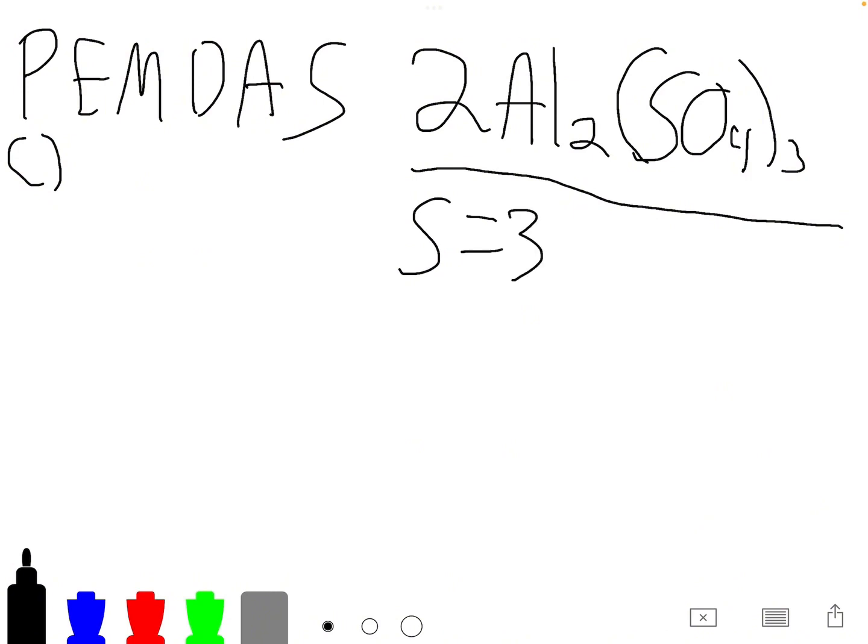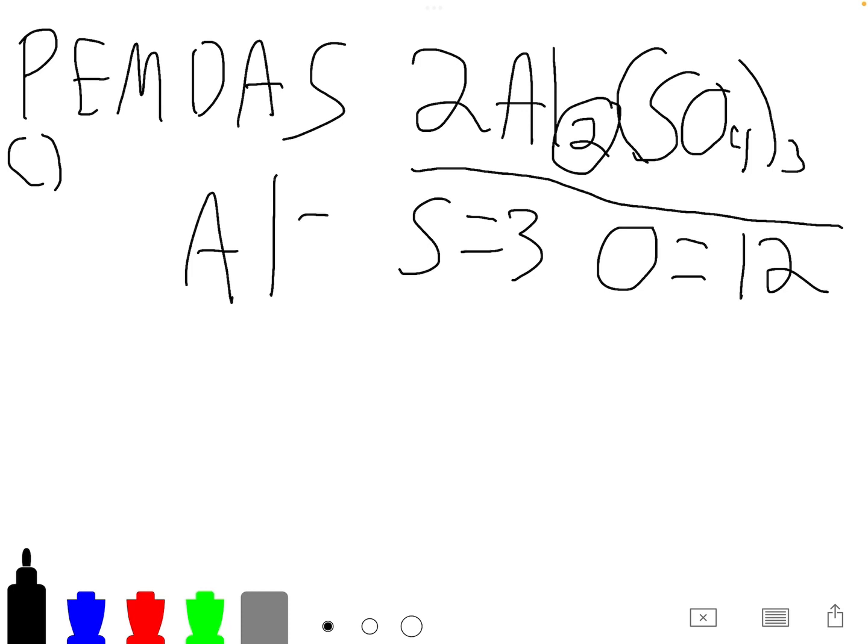So now we take this next part, and this is where it's even easier. This is super easy. So how many aluminum? You can already see how much aluminum there is. There is only 2, so we can also write this here.